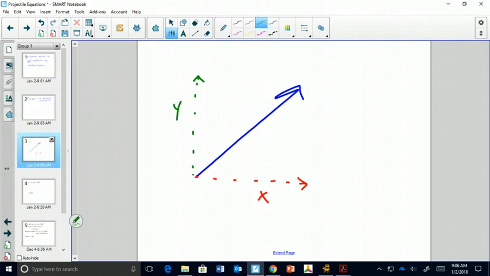Remember, this is what we did at the end of last semester, right? And I can look at these two things individually, right? Because what did we say? Horizontal motion does not affect vertical motion, right? So no matter what's happening here, it doesn't affect the y. No matter what's happening in the y, it doesn't affect the x. Does that make sense?